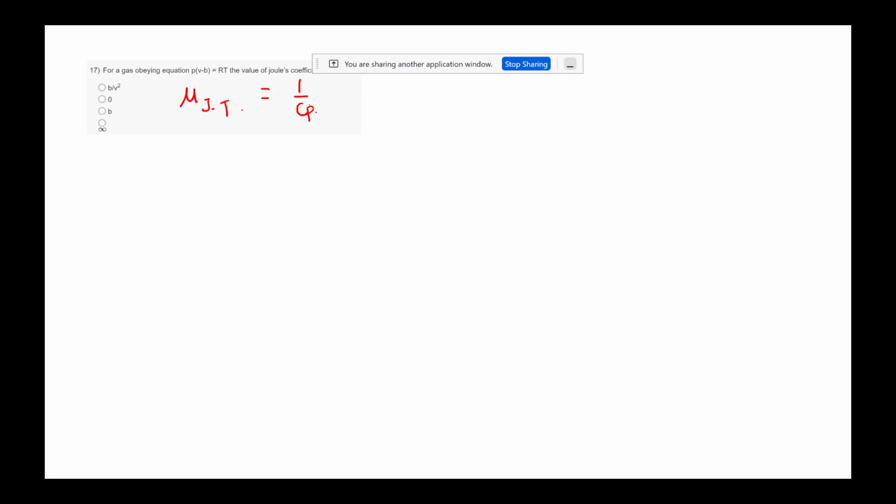So Joule-Thomson. So what is mu J? Tell me. Minus 1 by CV del U del V at constant T. And from the thermodynamic equation of state, we can get the derivative as T del P del T at V minus P. So manually solving the thing, I think it will be zero.